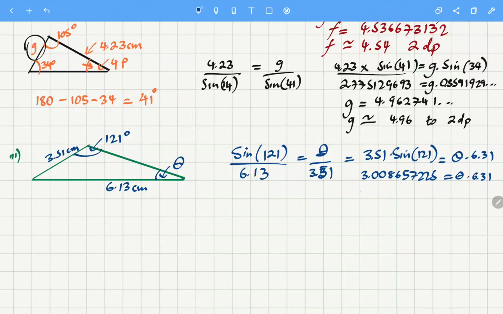Then divide: 3.008657 divided by 6.13 equals theta.